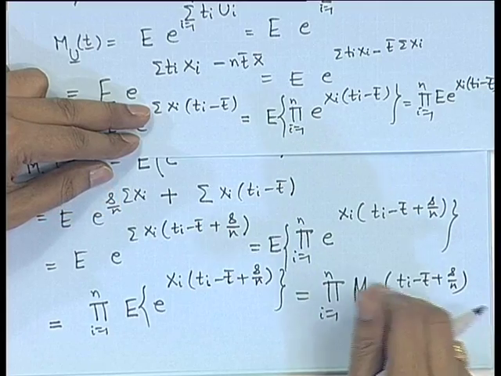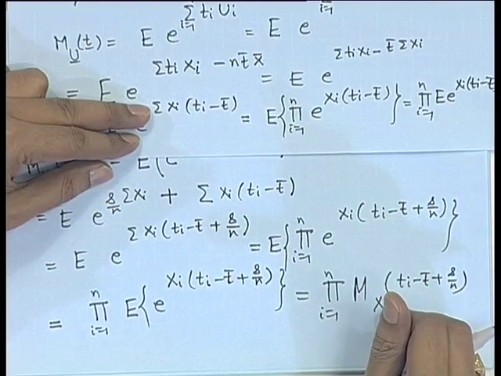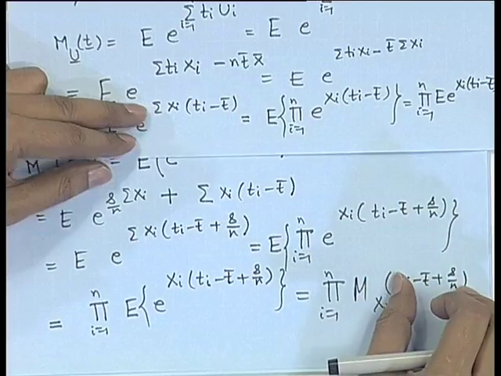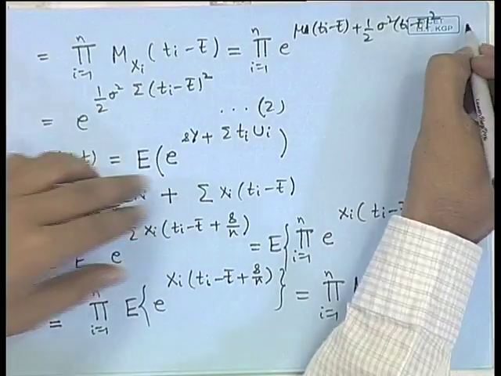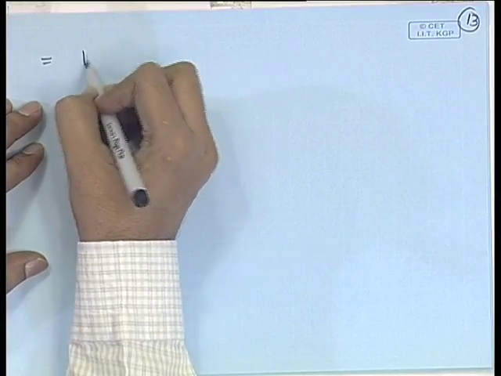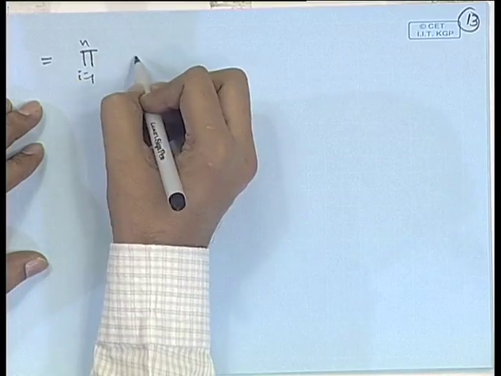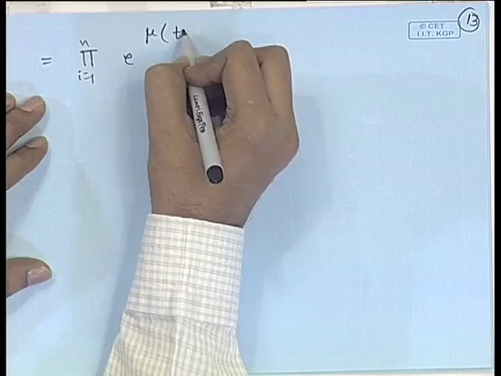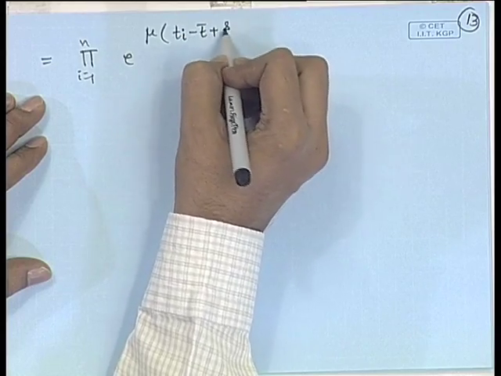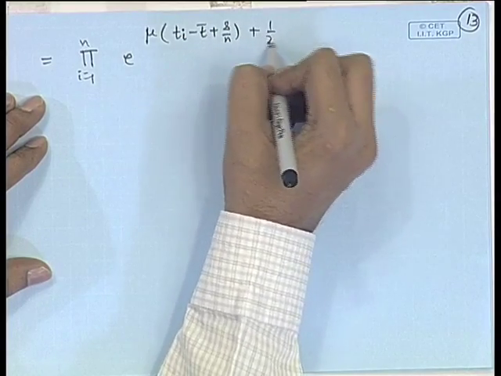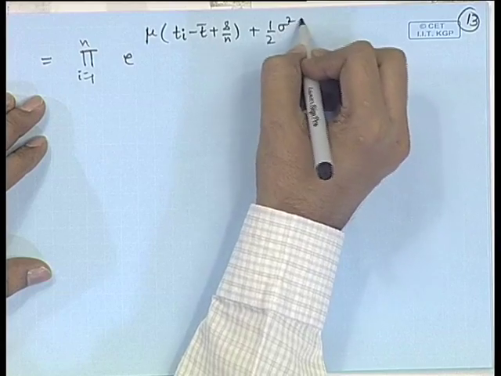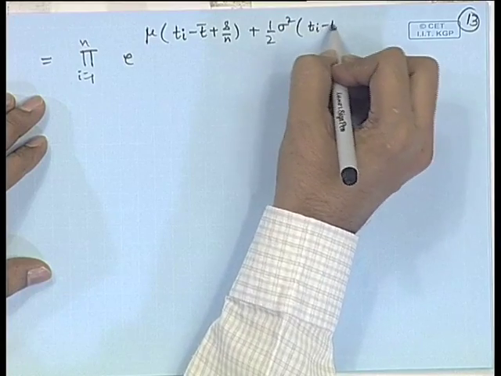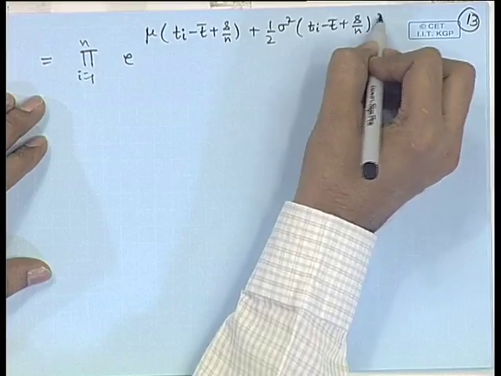So, once again making use of the fact that x_i has a normal mu, sigma square distribution, we know the form of the MGF. So, we substitute it here. That is equal to the product over i equals 1 to n of e to the power mu into t_i minus t bar plus s by n plus half sigma square t_i minus t bar plus s by n whole square.